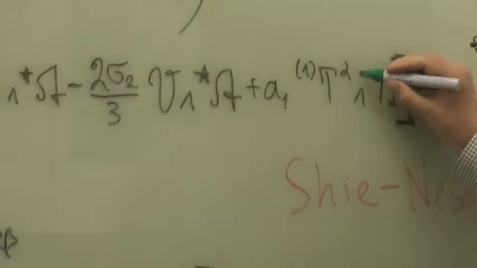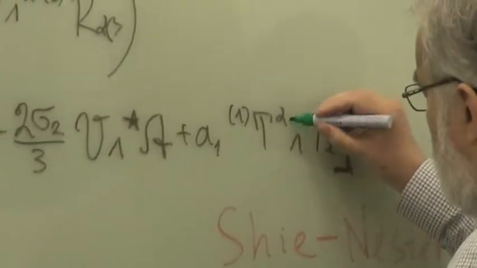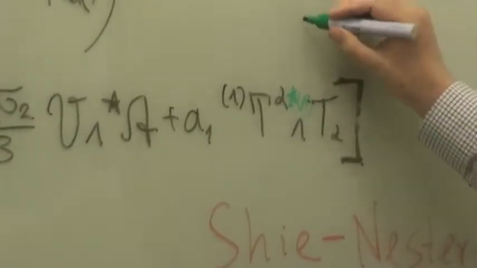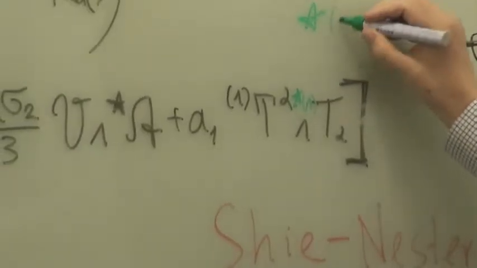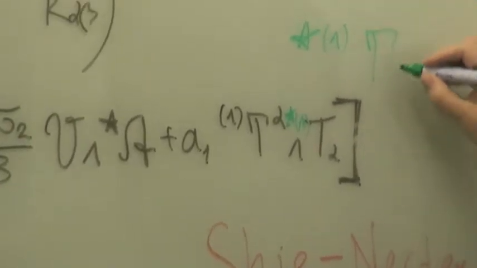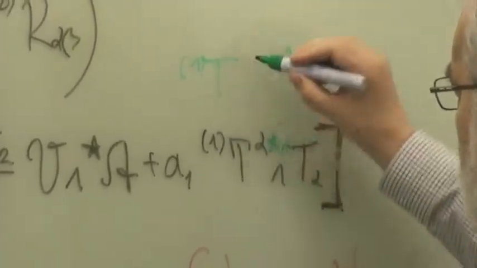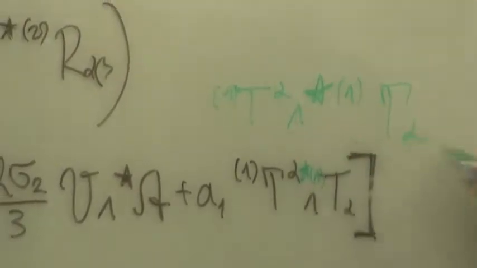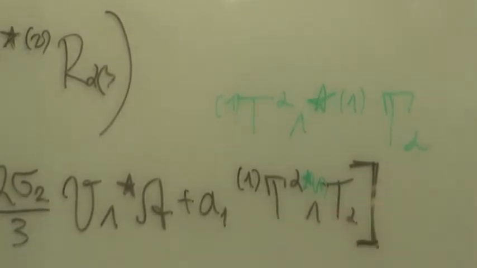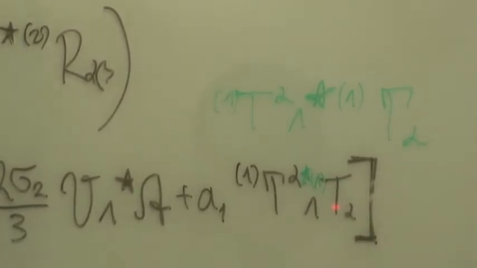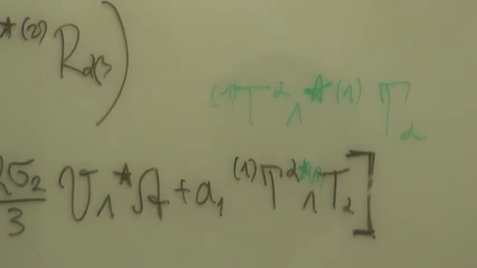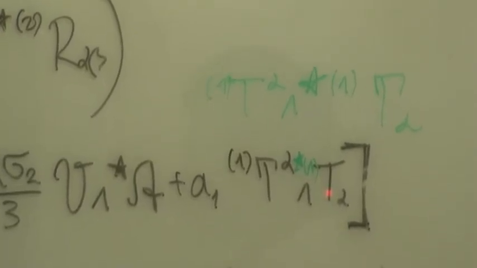This is one and the Hodge star one. It's Hodge star one T alpha, T one alpha. So that was a misprint.